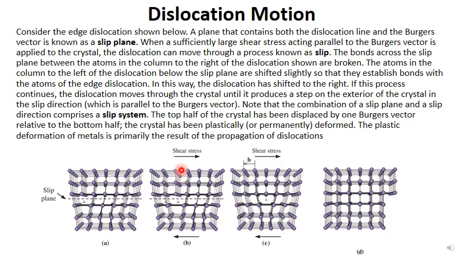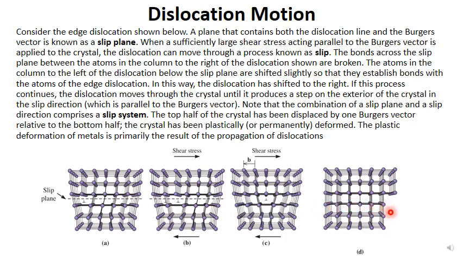And under the continuous effect of shear stress, the bonds between these atoms and these atoms will break again, and other bonds will form between these atoms and these atoms, and so on.